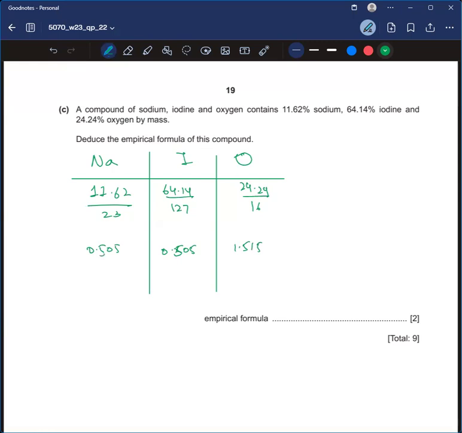Now we'll divide all these ratios by the least ratio, which is 0.505. This would be 1, 1, and 3. So the answer would be NaIO3. Okay, so this is the end of our paper.